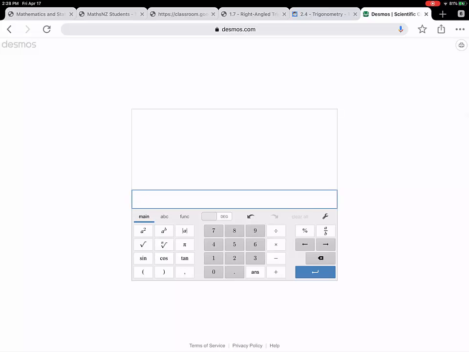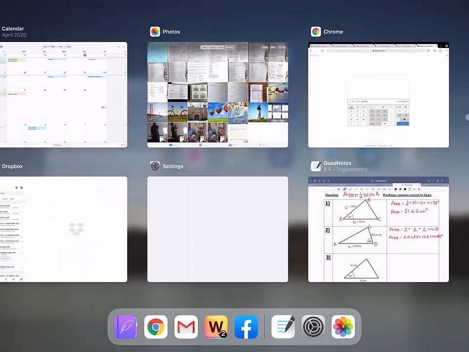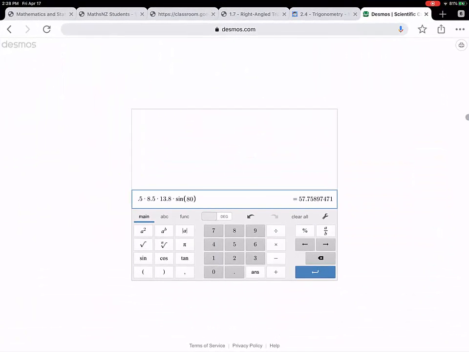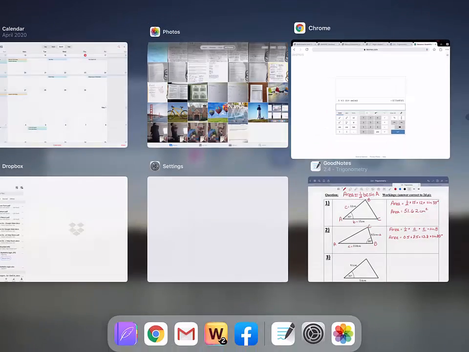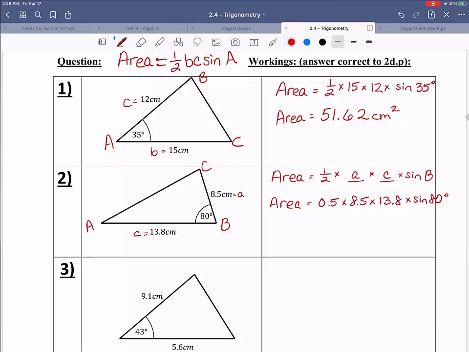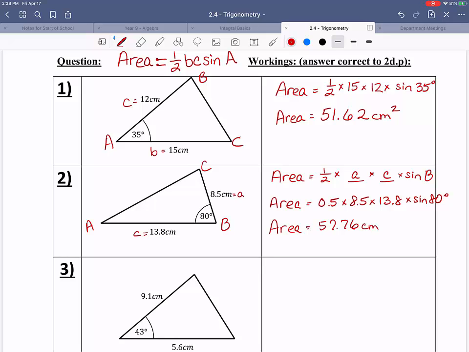So I'm going to start over. 0.5 times 8.5 times 13.8 times the sine of 80 degrees. Let me double check that. 8.5, 13.8, sine of 80. Push enter. 57.76. So this area is 57.76, and it's in centimeters.